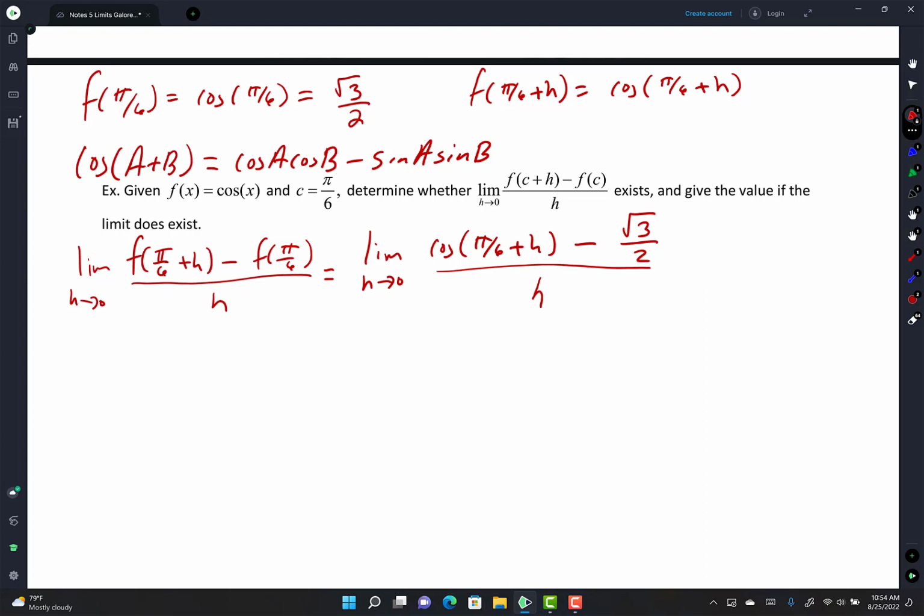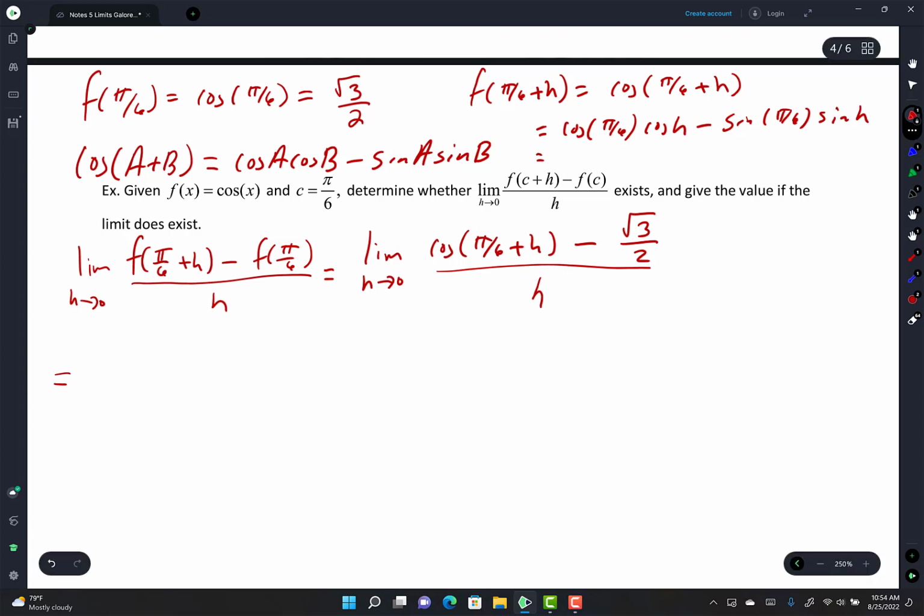Cosine pi over 6 cosine h minus sine pi over 6 sine h. Are we still okay? Do you remember what cosine pi over 6 is? Square root of 3 over 2 cosine h minus, and then sine of pi over 6 is 1/2 sine h.